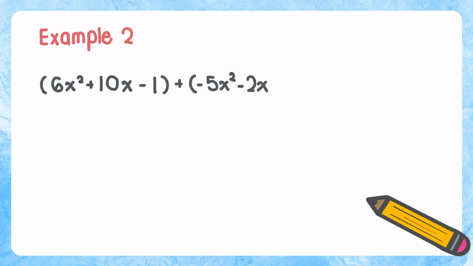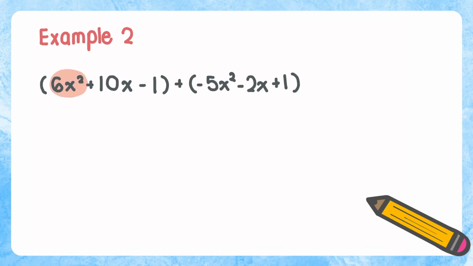Let's look at another example. So what if we had 6x squared plus 10x minus 1 plus negative 5x squared minus 2x plus 1. Again, let's look at each individual term.